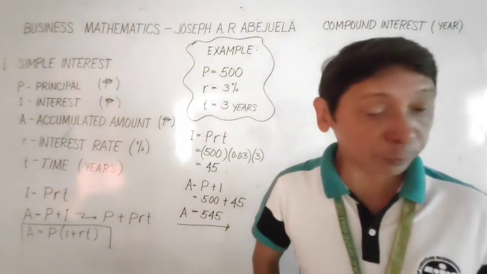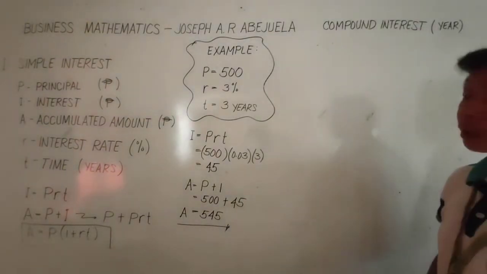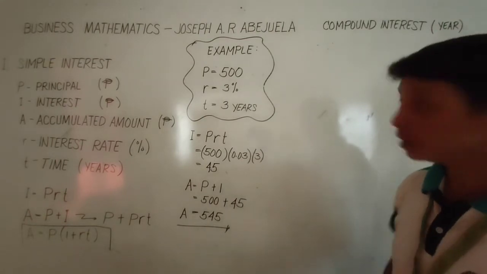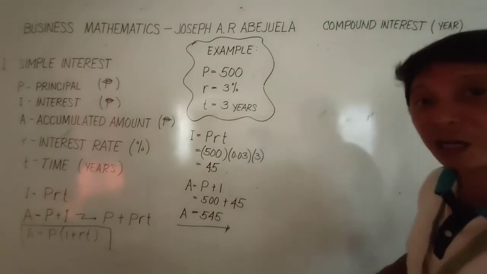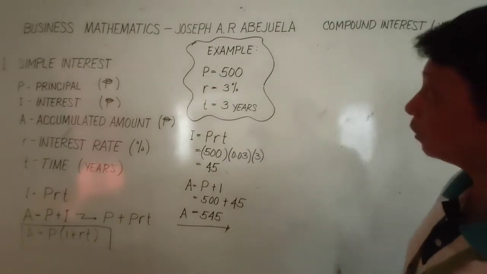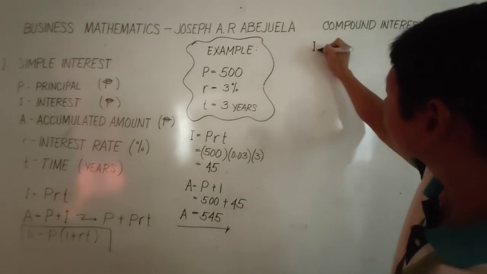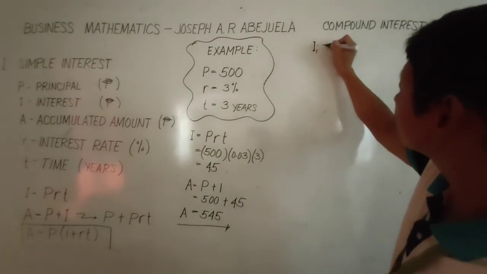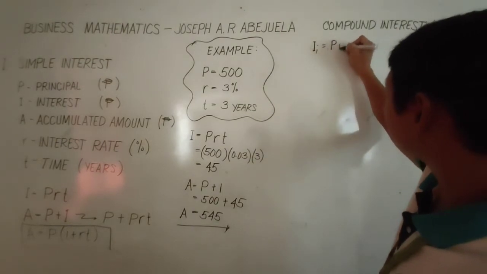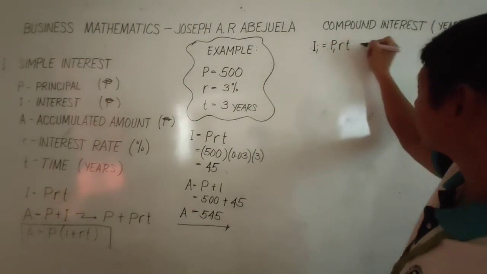Now, in computing for the compound interest, we have to compute it annually, since the compounding is in years, in annual. So for the first year, I1, our interest amount would be the principal multiplied by the interest rate multiplied by time, which is 1 year.